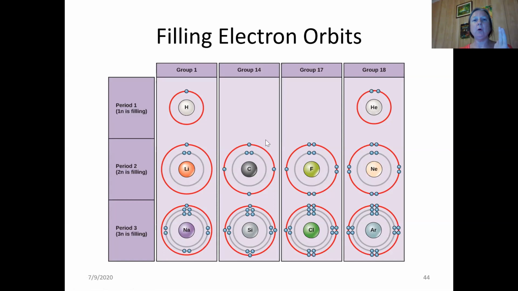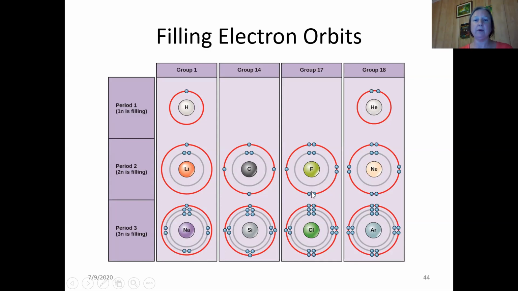The only way for electrons to exist as a pair, to share the same space, is if they have opposite spins. And we draw up and down arrows to designate the spin. So the first set all have the same spin. And so when we fill the second spin, that's the opposite spin. So you go 1, 2, 3, 4, and then 5, 6.